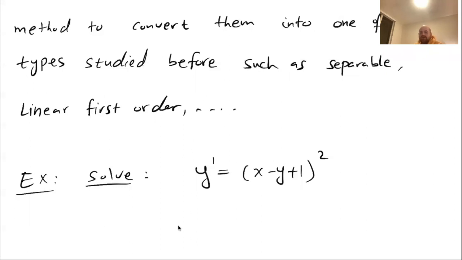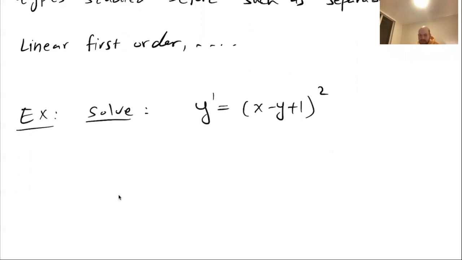If I call this expression on the right-hand side, x minus y plus 1, for example u or v, then the right-hand side becomes v squared. And what would be the left-hand side? So let's look at the situation.